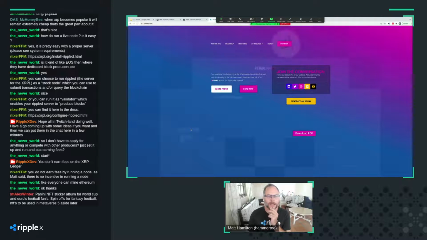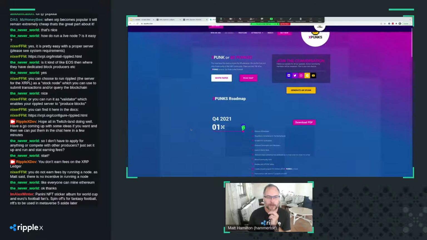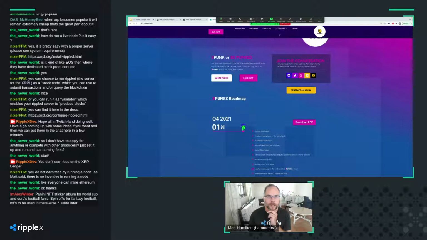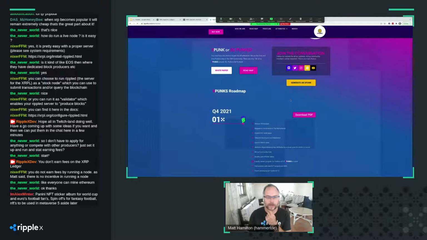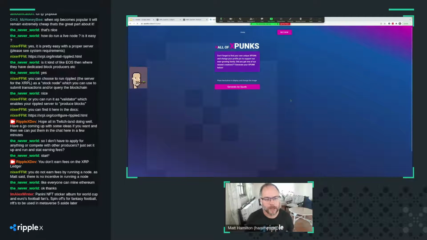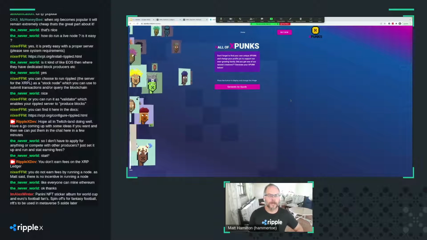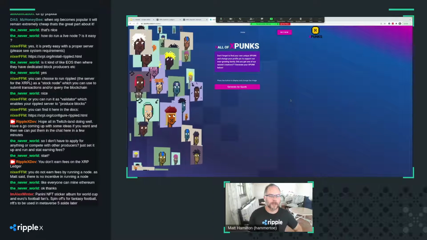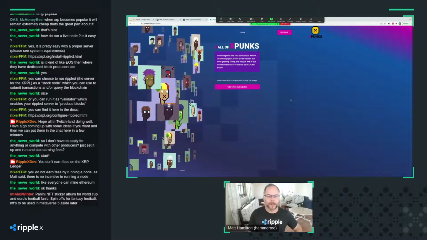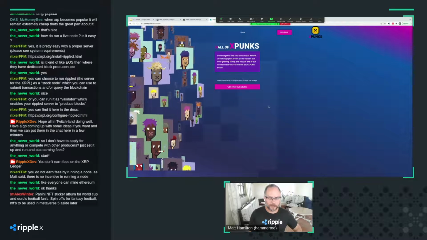So there's a project called Xpunks, for example, that are building sort of generative art little characters. And another company called Xrooms who's doing these little mushroom characters as well. So yeah, that's certainly a good idea.